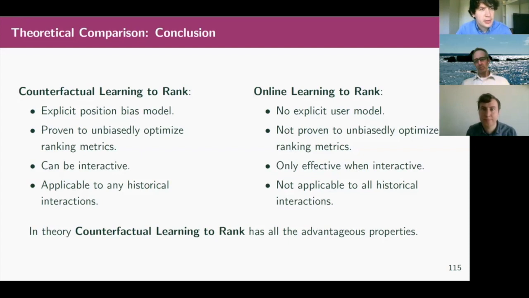This is indeed not something that we discussed in this tutorial. There is some work. Some of the first counterfactual learning to rank papers did experiments where they correct for a slightly different model than the model that actually was used to simulate data. And it seems to be quite robust. Another thing that we observe is, if you have a perfect position bias model, of course it's great.